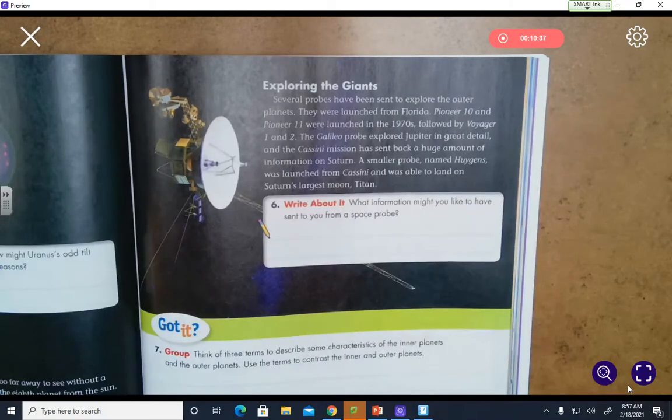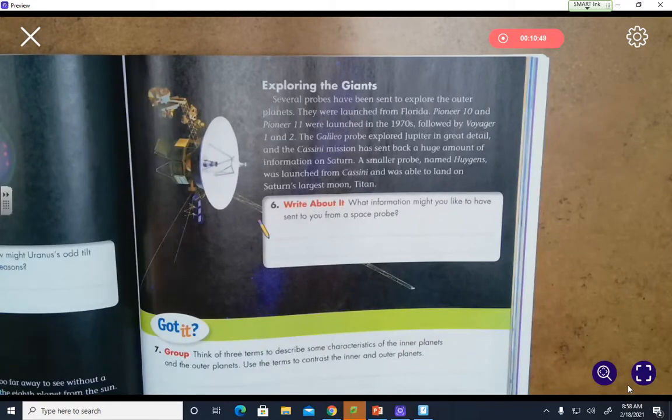The Galileo probe explored Jupiter in great detail, and the Cassini mission has sent back a huge amount of information on Saturn. A small probe named Huygens was launched from Cassini and was able to land on Saturn's largest moon, Titan.